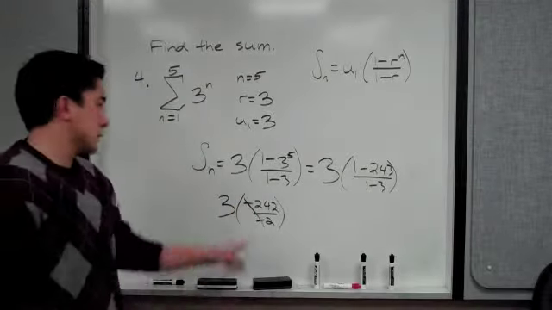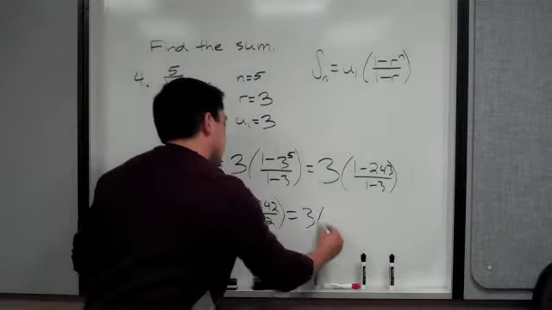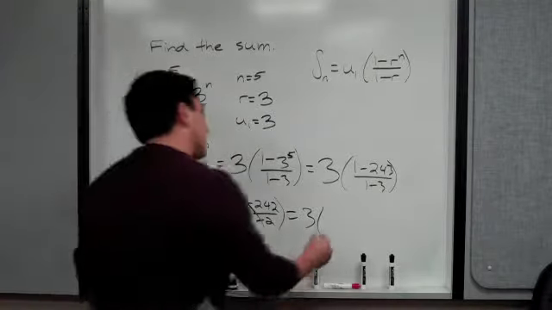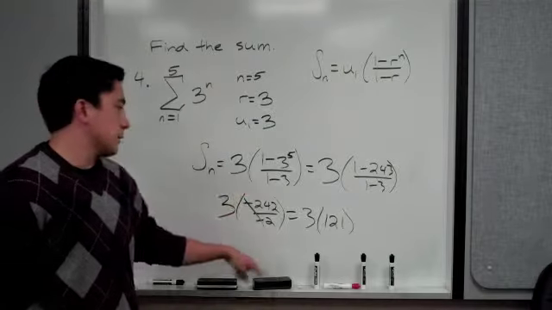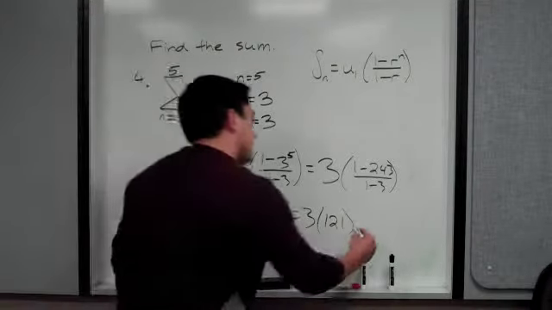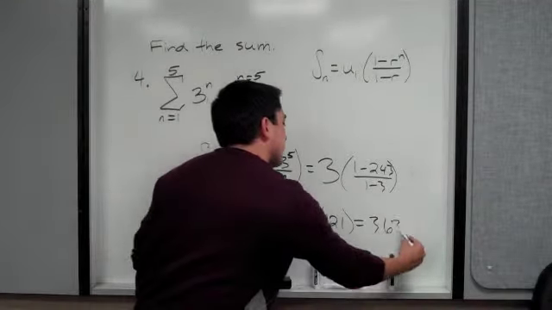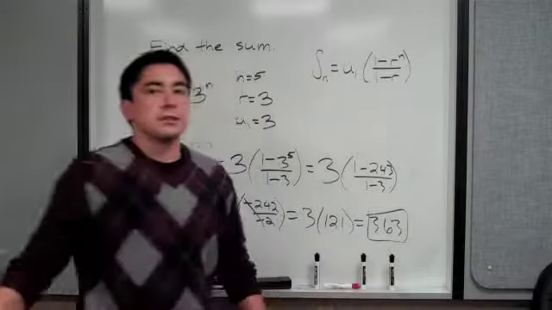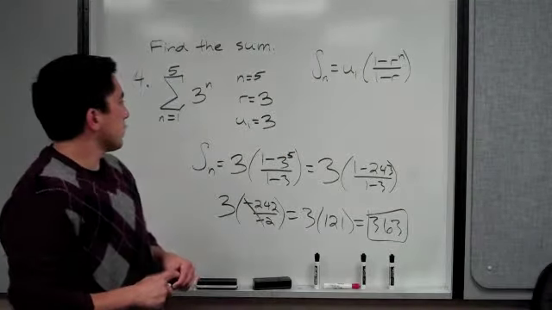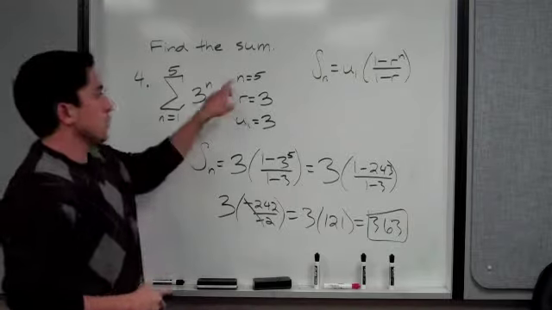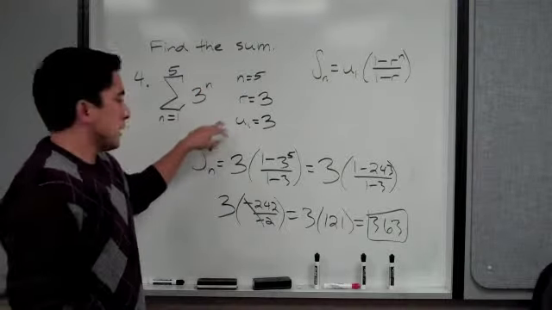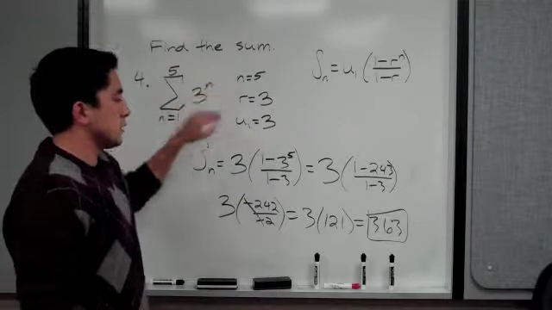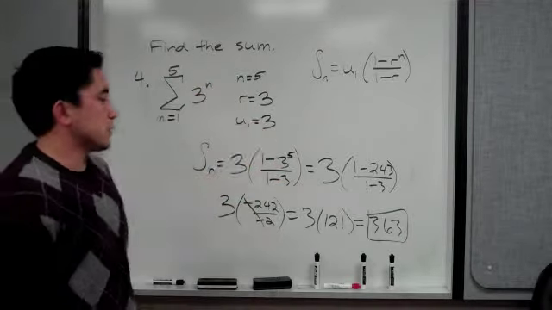Negatives cancel out. This actually reduces to 3 times 121. Okay? 242 divided by 2. And then multiply that by 3. You get 363 is your sum. So again, the way we do this is establish what n is, establish your ratio, establish your first term. And then once you've done these 3 things, you can just plug into your formula and just do the work from there.